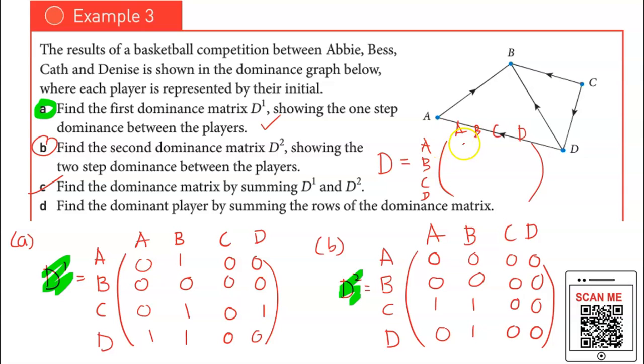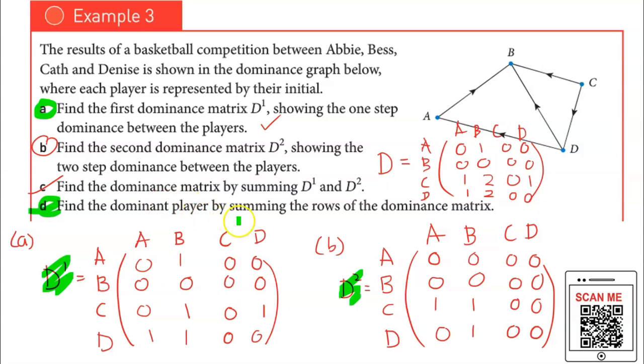This one becomes 0, 1, 0, 0. The second row B is all 0. The third row C is 1, 2, 0, 1. And D will be 1, 2, 0, 0. Okay.